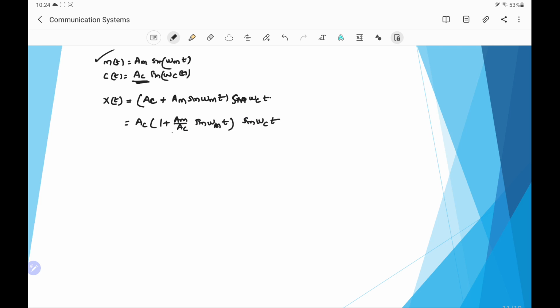This Am by AC is called mu, that is the modulation index. This is the ratio of the amplitude of modulating signal and the amplitude of carrier signal, and it is kept less than 1 to avoid the distortion.